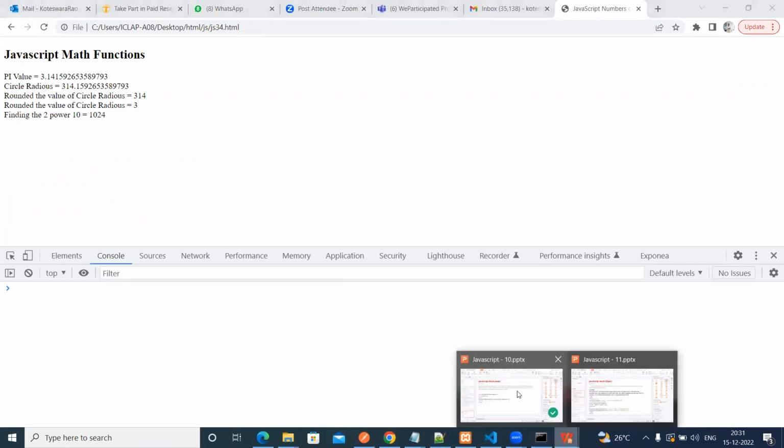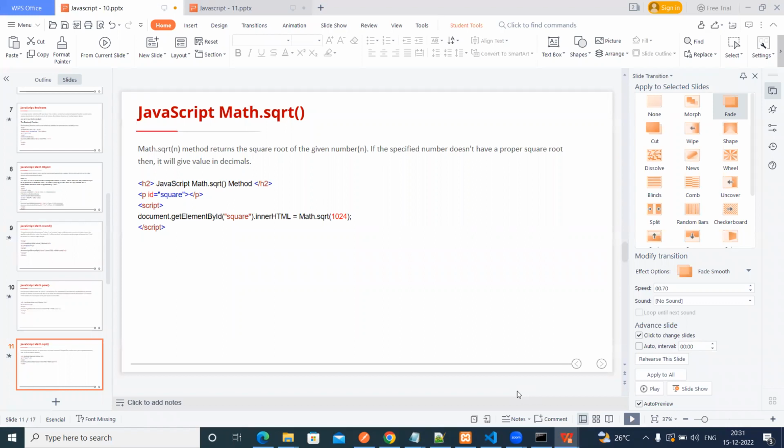So the next one, Math.sqrt, the square root. We can easily find out the square root.